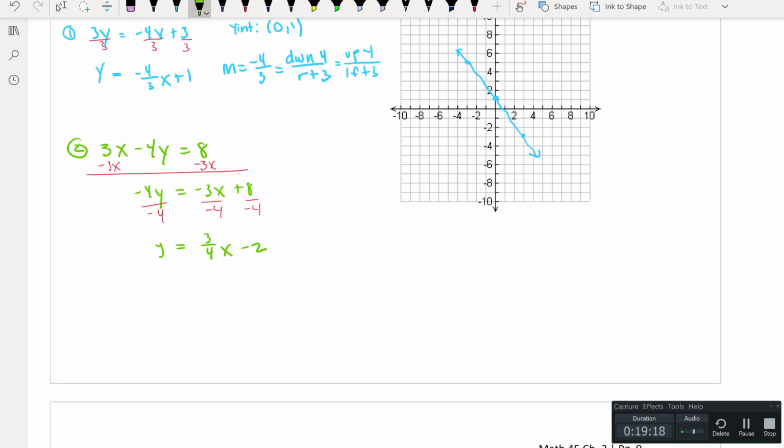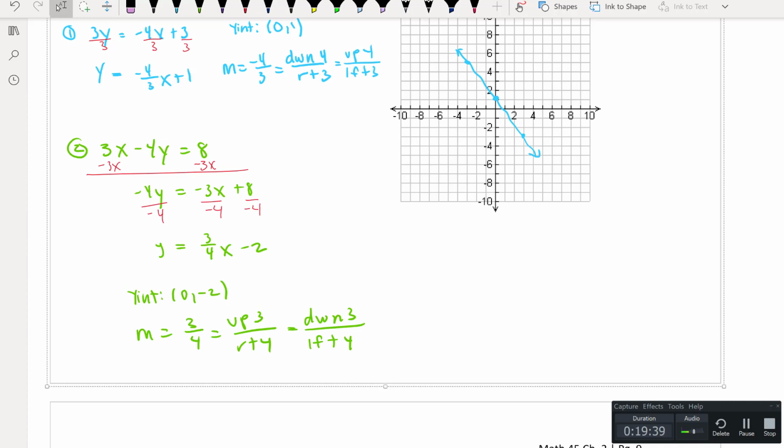So this tells me that my y-intercept is going to be (0, -2). It tells me that my slope is 3/4. So I'm going to go up 3 and to the right 4, or down 3 to the left 4. So that means I'm going to go ahead and graph the following now.